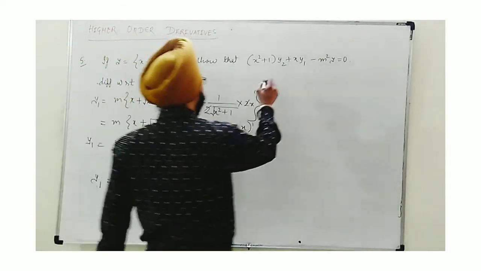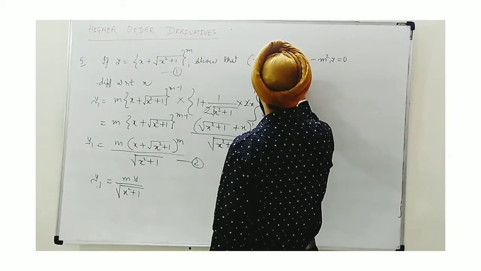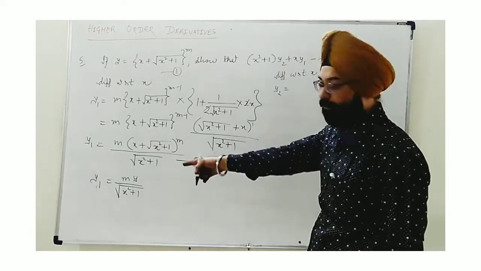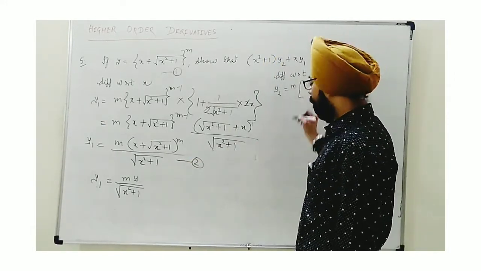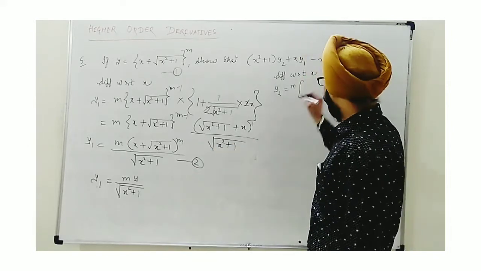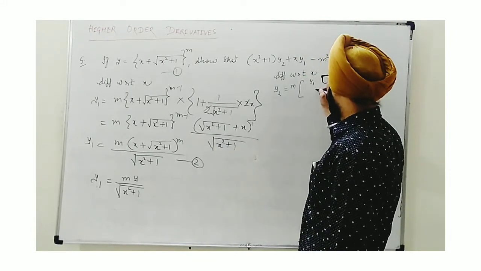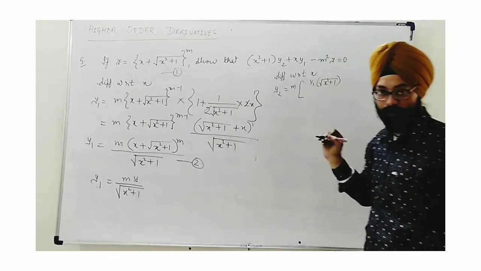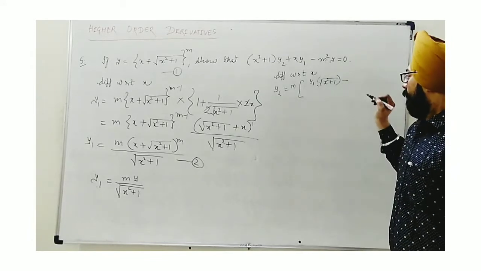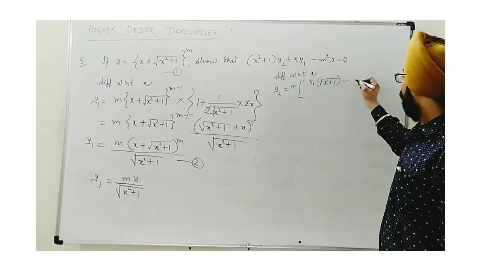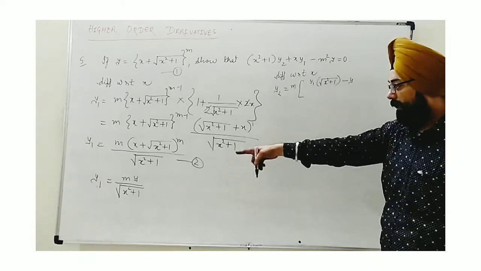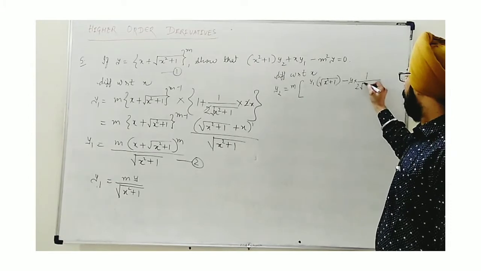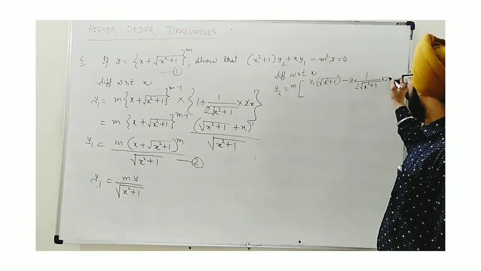Differentiating with respect to x, once again we get y2 equal to, by quotient rule, keep m aside. Now the numerator: this will become y1 multiplied by √(x² + 1) as it is, no change, minus y as it is, and the derivative of √(x² + 1), which is 1 upon 2√(x² + 1) into 2x by chain rule.